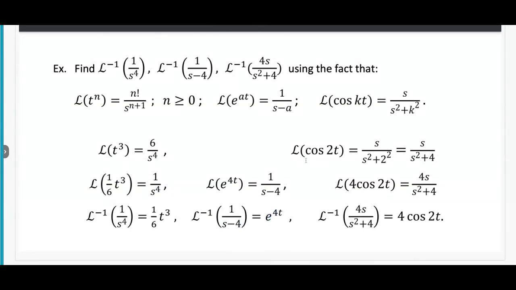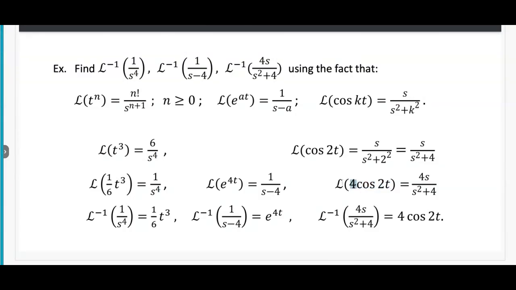Laplace of cos 2t equals s over s squared plus 2 squared, that's just s divided by s squared plus 4. Then if we want to transform 4 cosine 2t, I have this 4 now.